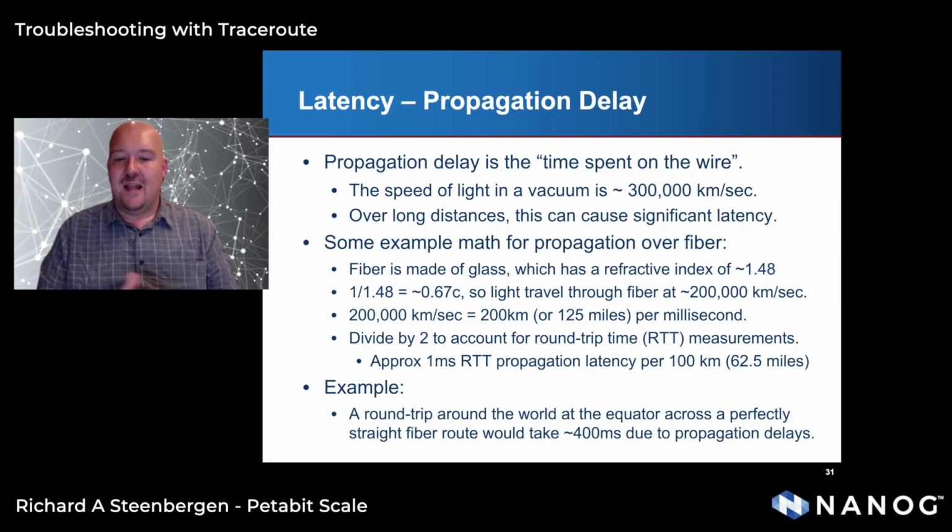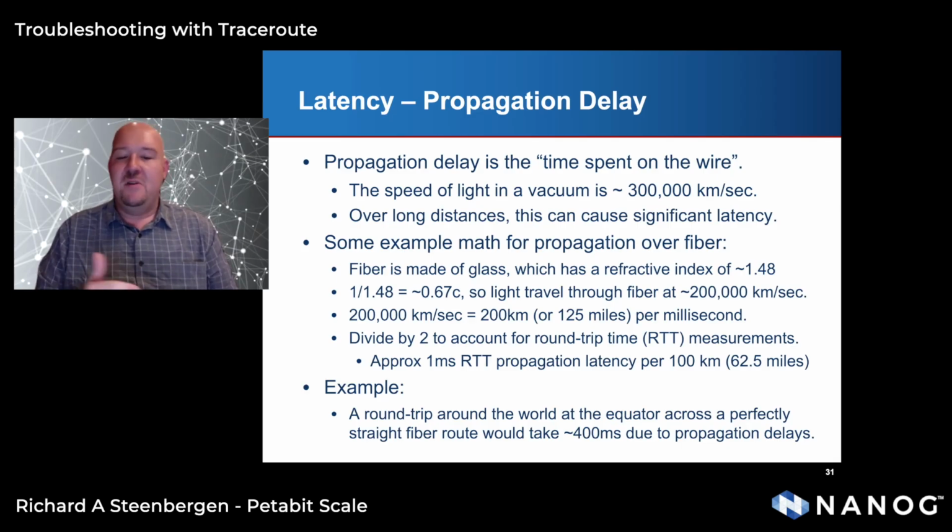That means light propagates across fiber at about 0.67 C, only about 2/3 the speed of a vacuum or an RF signal. When you transmit across fiber, it moves at about 200,000 kilometers per second, which is 200 kilometers per millisecond.